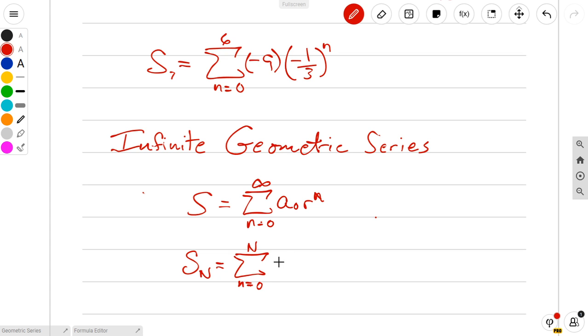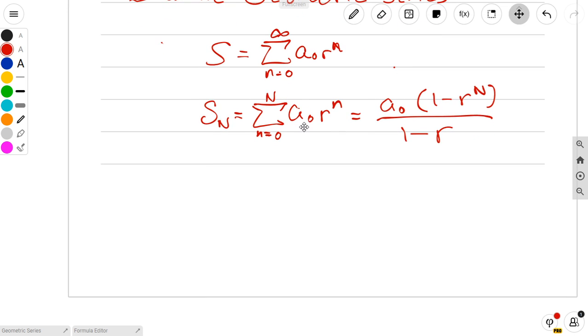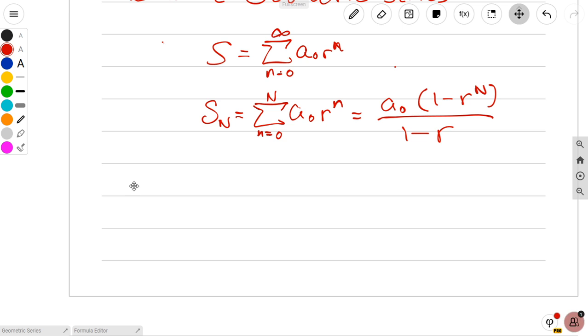So that's n going there, a sub 0 r to the nth power, which we now know equals a sub 0, 1 minus r to the n all over 1 minus r. And then we need to take the limit of this nth partial sum as n goes to infinity.